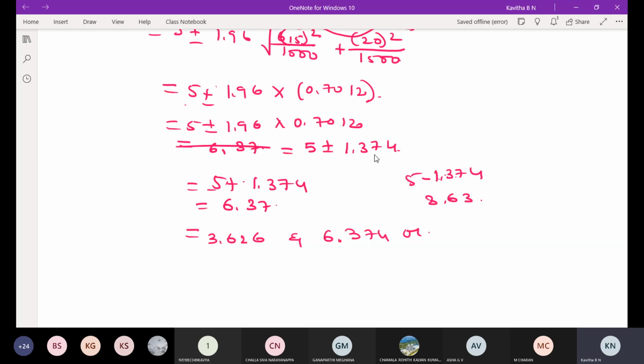Thus we can say with 95% confidence that the difference of population means of wages between the two companies lies between rupees 3.63 and rupees 6.37. This is the required answer.